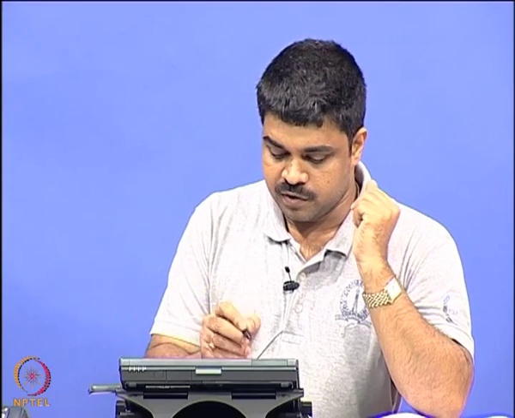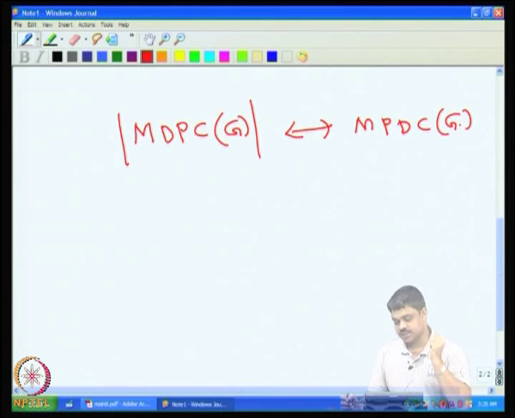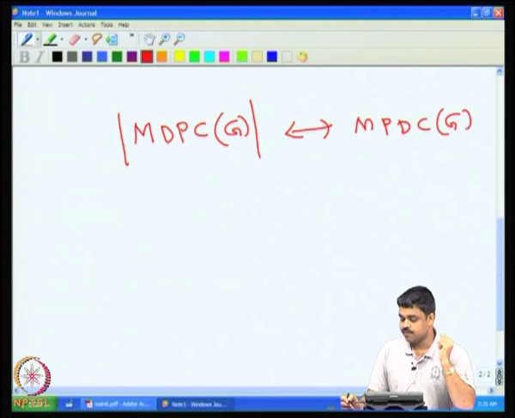We will call this parameter the minimum directed path cover of G, and we are interested in the cardinality of this. We may abuse the notation and say MDPC of G to represent the path cover as well as its cardinality which achieves the minimum.